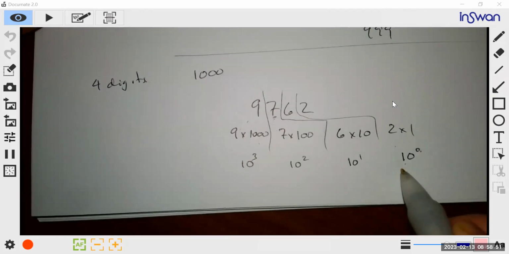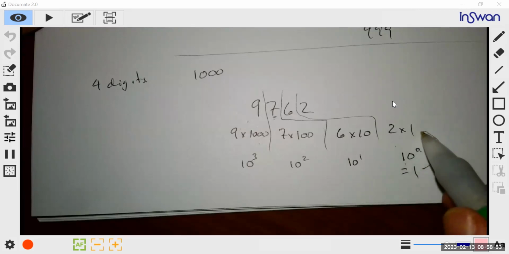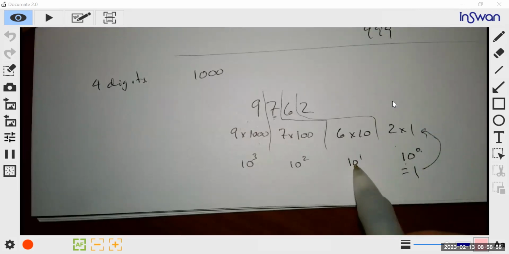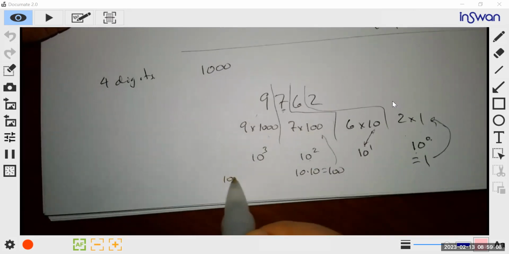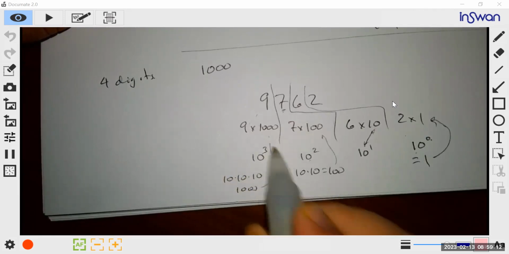Anything to the 0 power is 1. That's why we multiply by 1 in this first column. 6 times 10 to the first is just 10. 10 to the second is 10 times 10, which is 100. 10 to the third is 10 times 10 times 10, which is 1000.